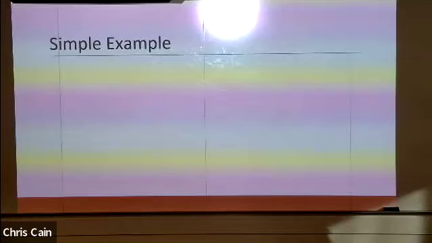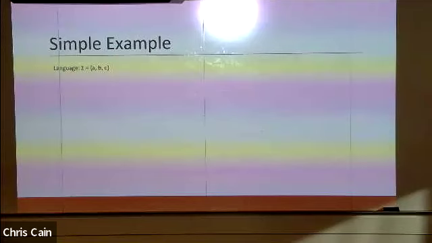Let's go through some examples just so that we can get some experience with the problem-solving aspect of this. All right, so our alphabet is ABC. So we could define a language that is expressed by this regular expression.